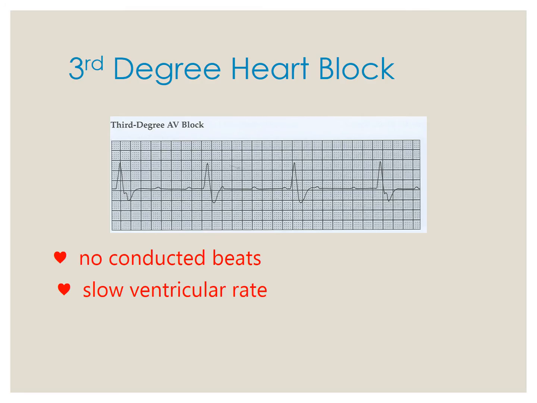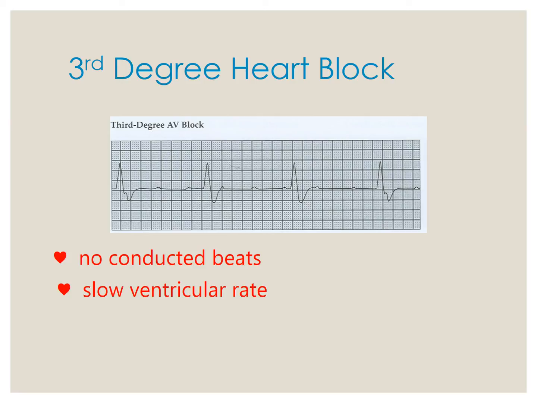Third degree block, there is no conducted beats. This is a slow ventricular rhythm, usually under 45 beats per minute. There is not a P wave in front of every QRS. It prevents sinus-paced atrial depolarization from reaching the ventricles. So for second and third degree blocks, when a QRS complex is not preceded by a P wave, ventricular and atrial depolarization are initiated from different sites.